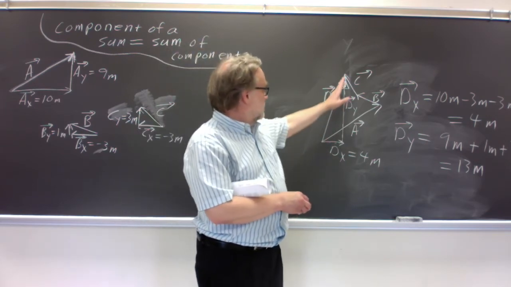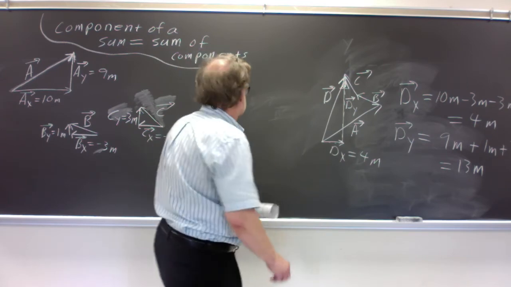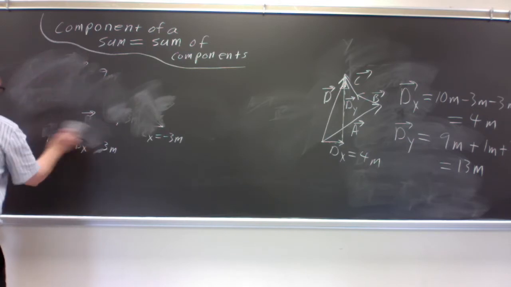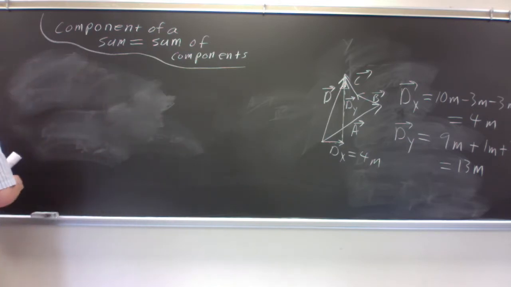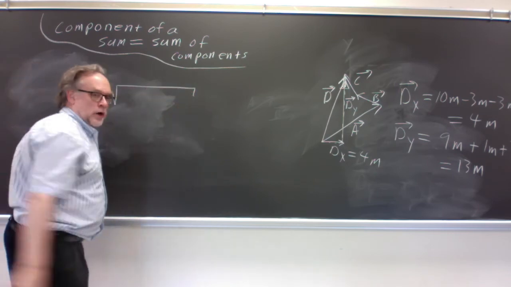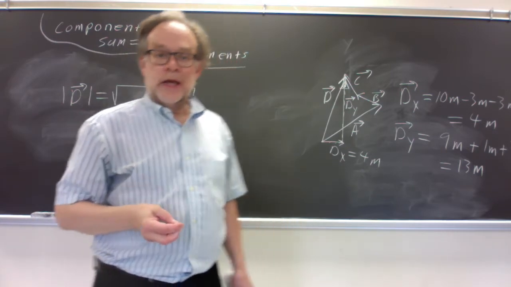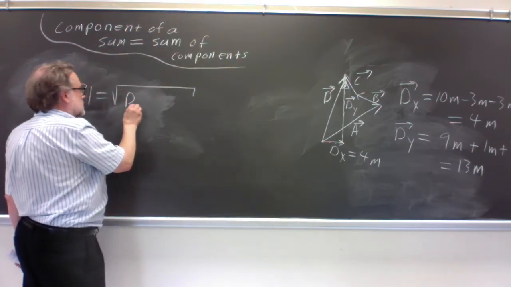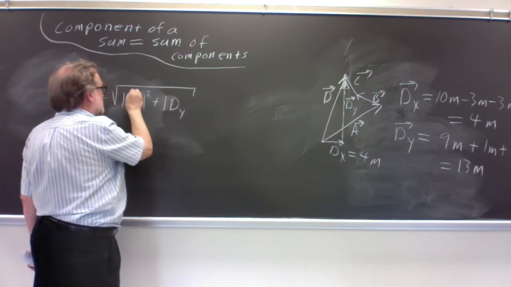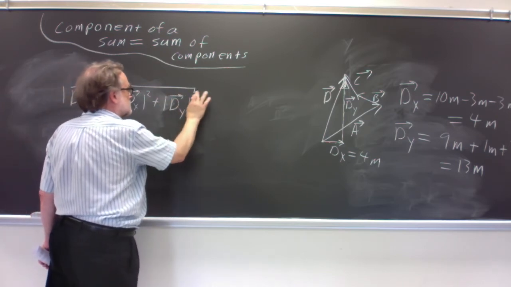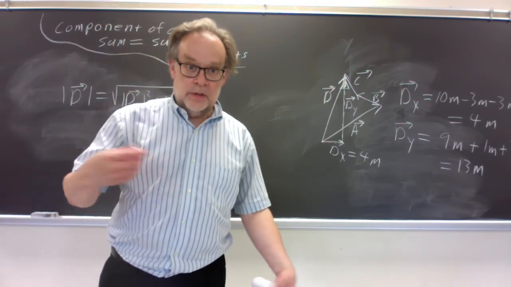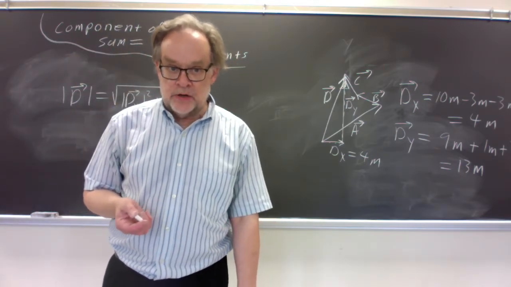The length of the hypotenuse, which corresponds to the magnitude of D, is just the square root of the sum of the squares of the other two lengths. So the magnitude of Dx squared plus the magnitude of Dy squared, and take the square root of all that, and that's the magnitude of the net displacement vector D.